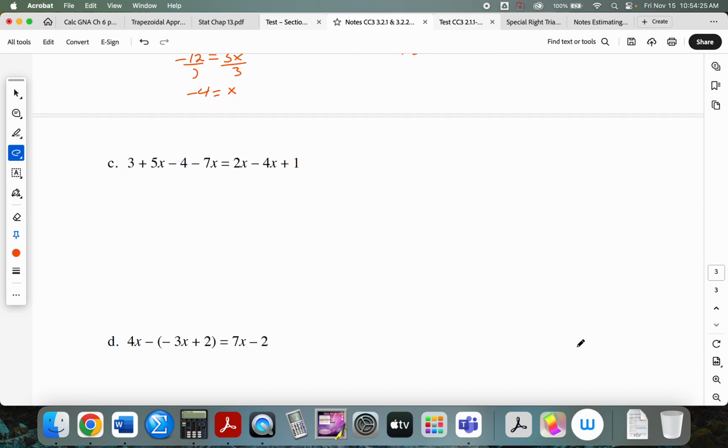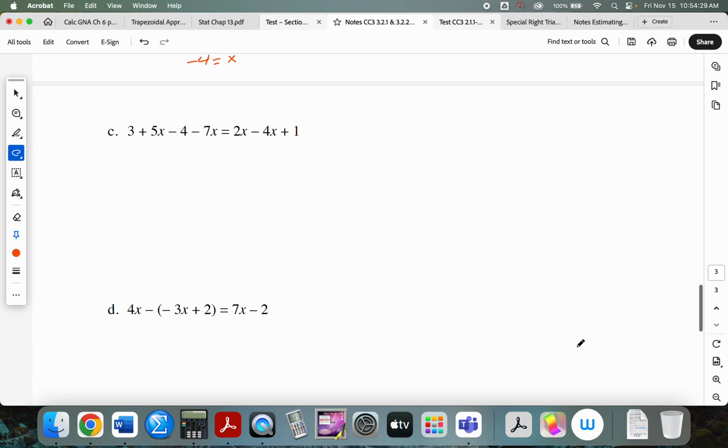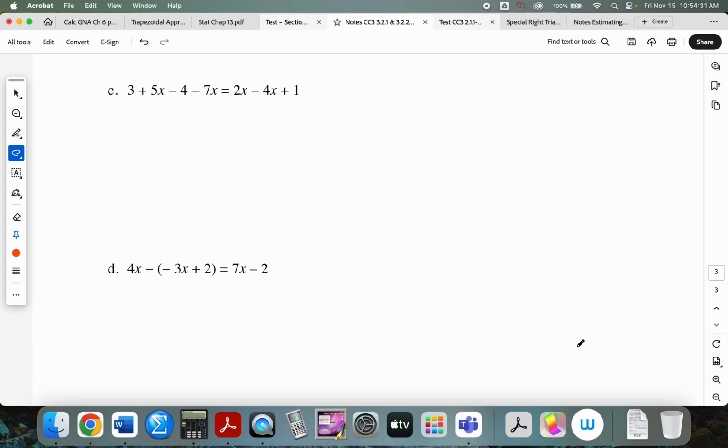Hang on a second. I'm going to pick one out. Let's do C. So, step 1, what should we do? Simplify. So, the 5x minus 7x is -2x. 3 minus 4 is -1. Here I get 2x minus 4x is -2x plus 1.